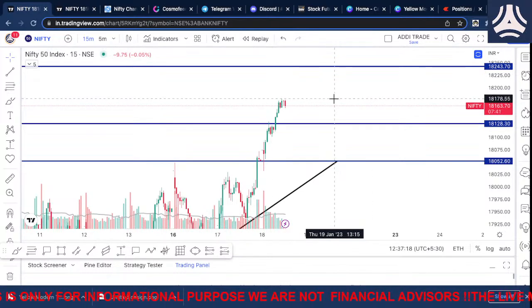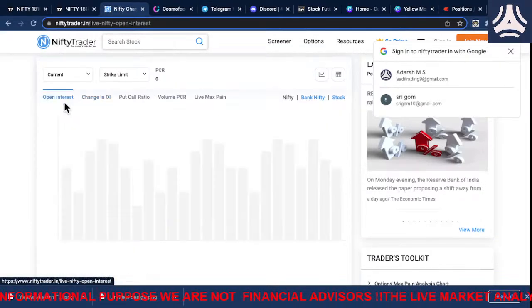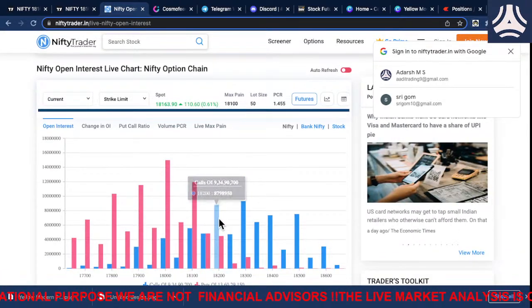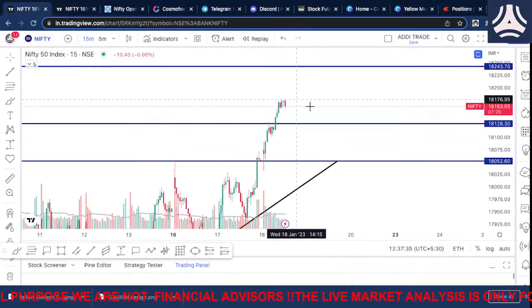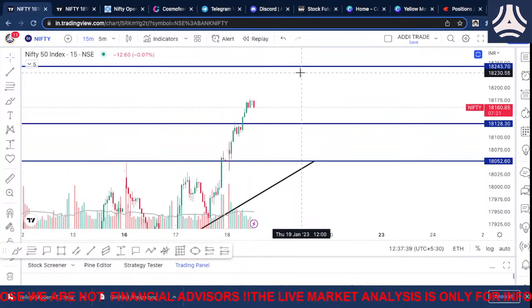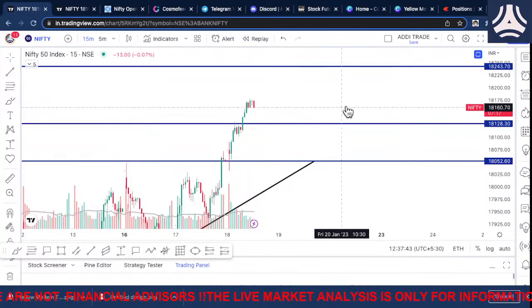This is at 18,178, and this is where we see at 18,200 can be some sort of resistance. So unless this 200 is taken out, I don't think we will see an up move. But if 18,200 breaks, we could easily touch 18,240 as the next target.